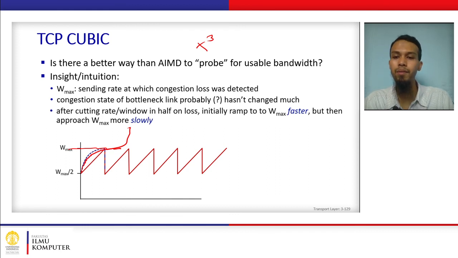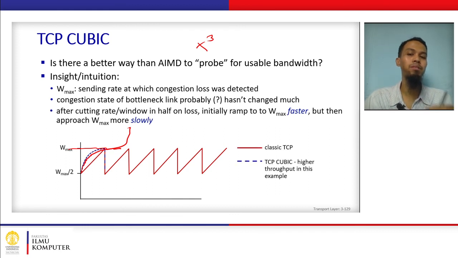Okay, so the intuition of this is we are trying to achieve higher throughput than the classic TCP with AIMD, because if we just apply calculus, the area under the red graph is larger than the area under the blue graph, right? So we are actually trying to achieve more throughput than the classic AIMD TCP.